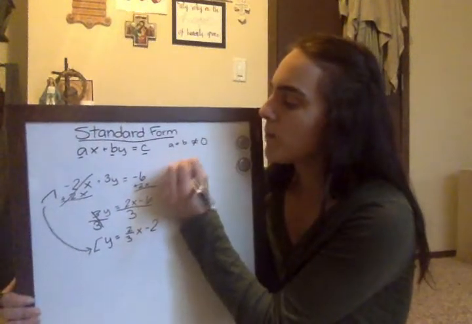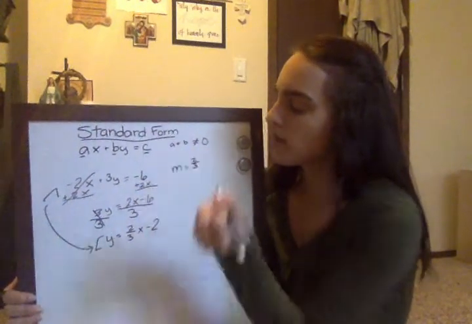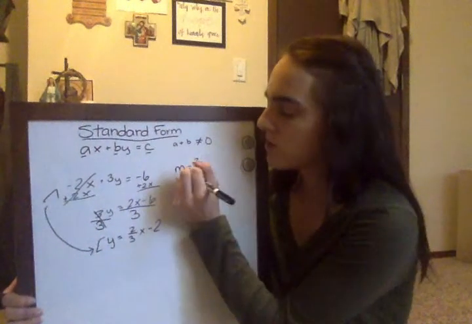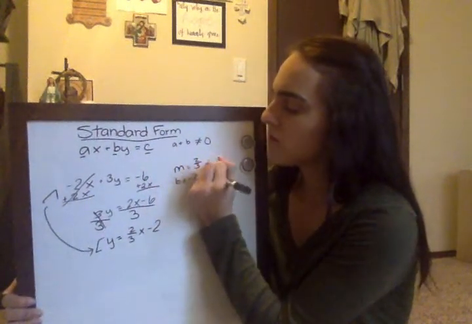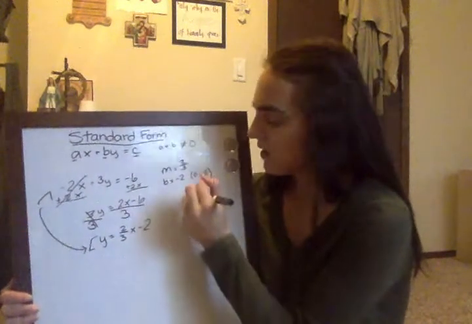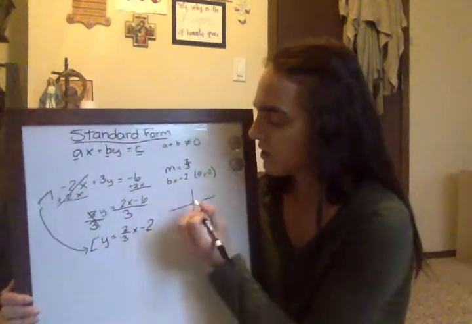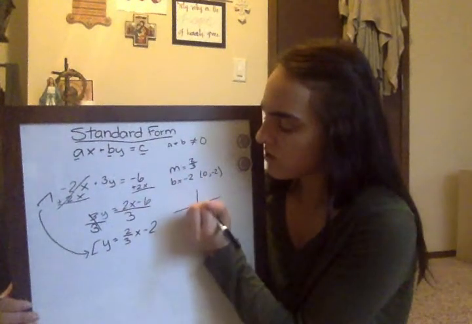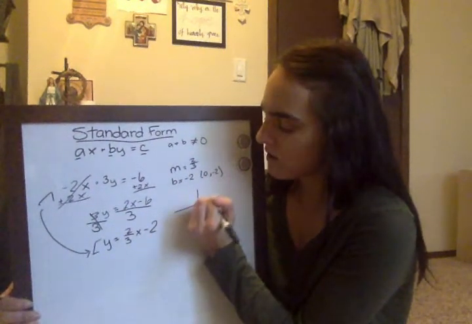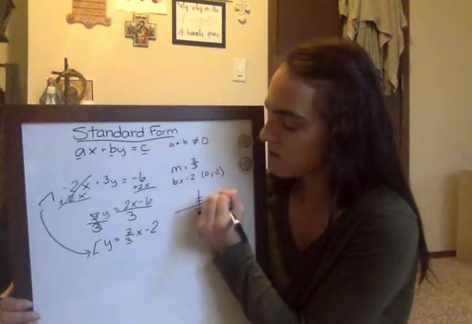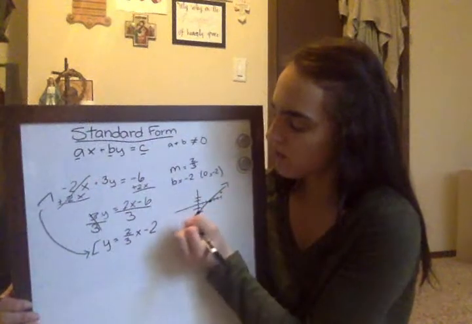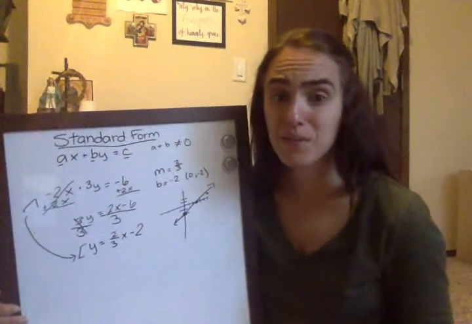We know the slope, 2 over 3. We know the y-intercept, negative 2, which is 0, negative 2. And we graph. Now we can go up 1, 2 over 1, 2, 3. And draw a more straight line than Miss Chauncey, please.